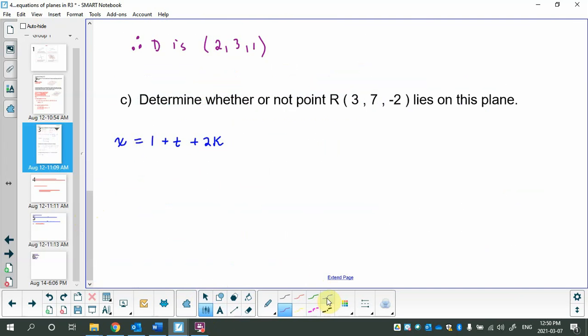So I should put 3 in for the x. And I should clean this up. So 1 on the other side is subtract. So I end up with this.